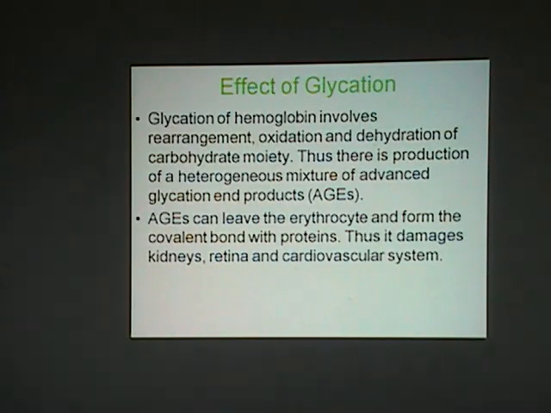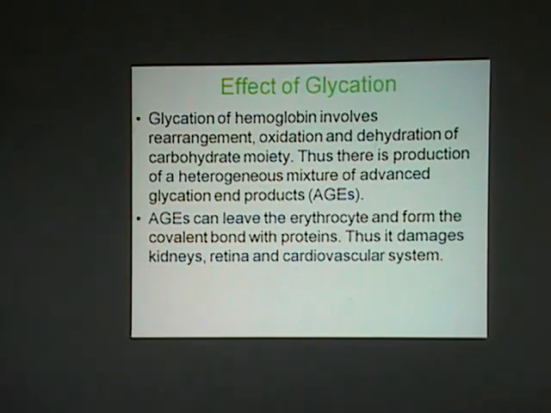Now, the effect of glycation. What happens when glycation occurs? Sometimes there is some harmful effect. What is the harmful effect? Glycation of hemoglobin involves rearrangement, oxidation and dehydration of the carbohydrate moiety.